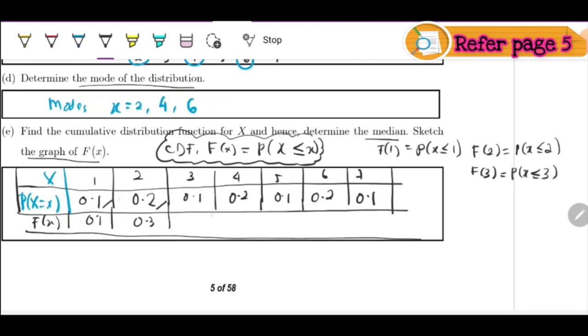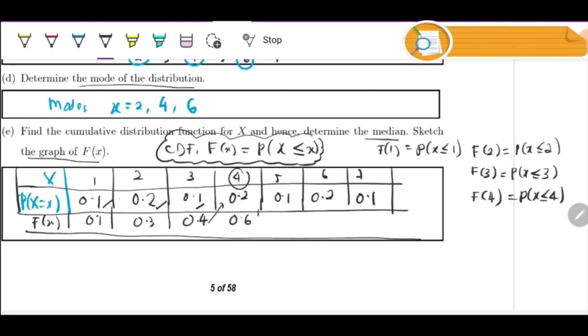So the probability is 0.1 plus 0.2 plus 0.1. So we get 0.4. F(4) means P(X) less than or equal to 4. Simply, we can add F(3) plus the probability of x equals 4. So we get 0.6.